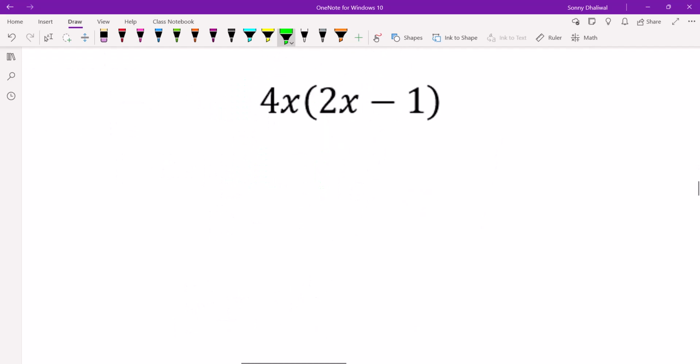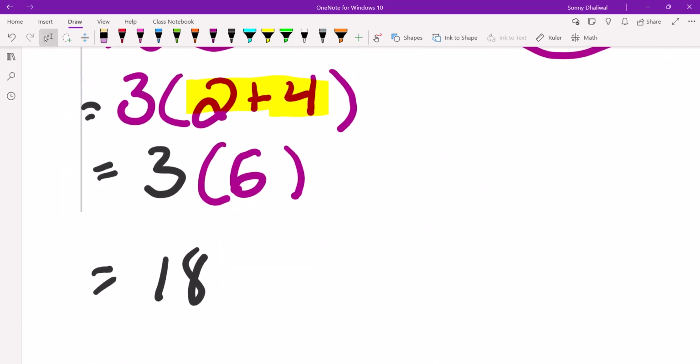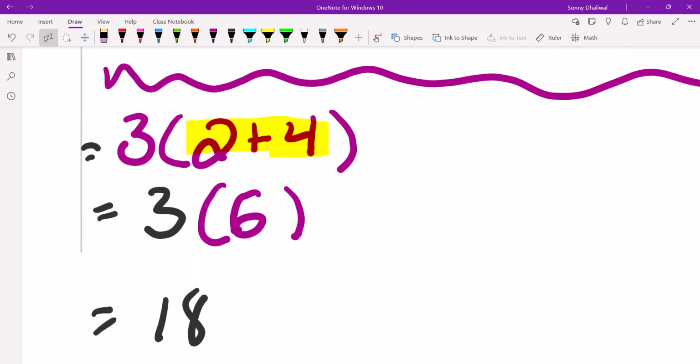So, going back to this question here, let's focus on not what's in the bracket. Because with polynomials, you can't add the stuff inside the bracket because they're unlike terms. Let's focus on this 3. So this 3 is saying, hey, I'm multiplying this bracket and everything inside that bracket. So let's do that calculation first instead of last.